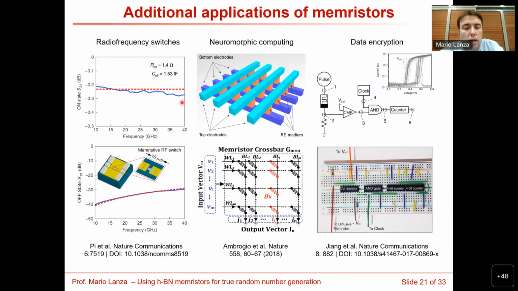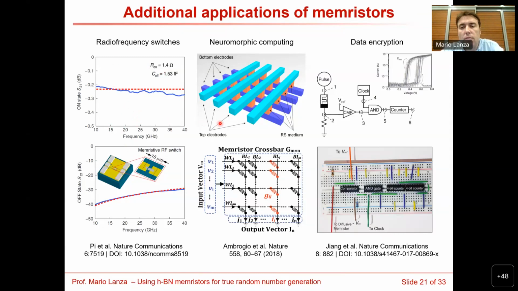So you also need to have a suitable capacitance in the high resistive state. Some studies have already used 2D materials to make radio frequency switches. You can study the works of Professor Deji Akinwande from University of Texas in Austin.